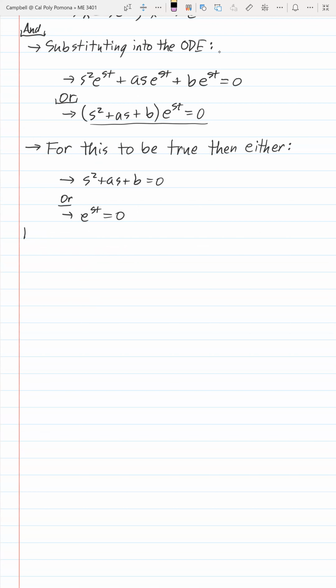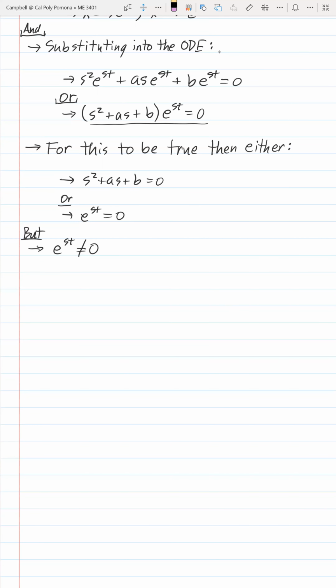As you can imagine, though, we have a little bit of a problem with that second possibility, because e to the st can approach 0, but it can never be identically equal to 0.